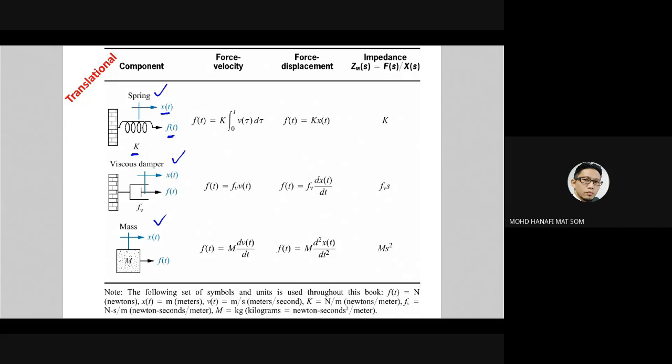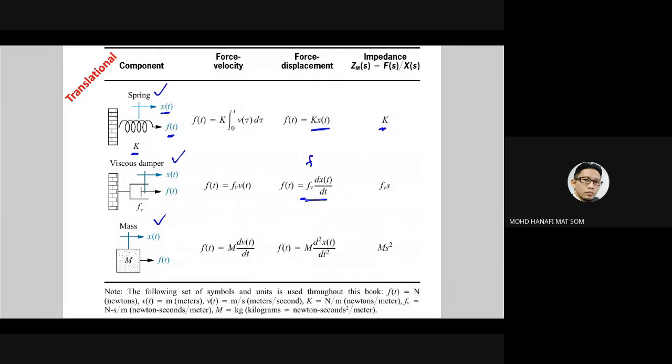The force-displacement relationship is f(t) equals Kx(t). For the impedance, F(s) over X(s) is equal to K. For the viscous damper, we have f(t) equals fv dx(t)/dt, or in this form, fv x dot (t).